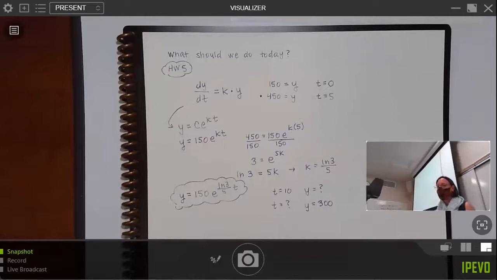Now there's a question in the chat about the difference between Ce^(kt) and Pe^(rt). There is no difference. They are different letters. We tend to use Pe^(rt) when we're talking about money and finances and continual interest rate.